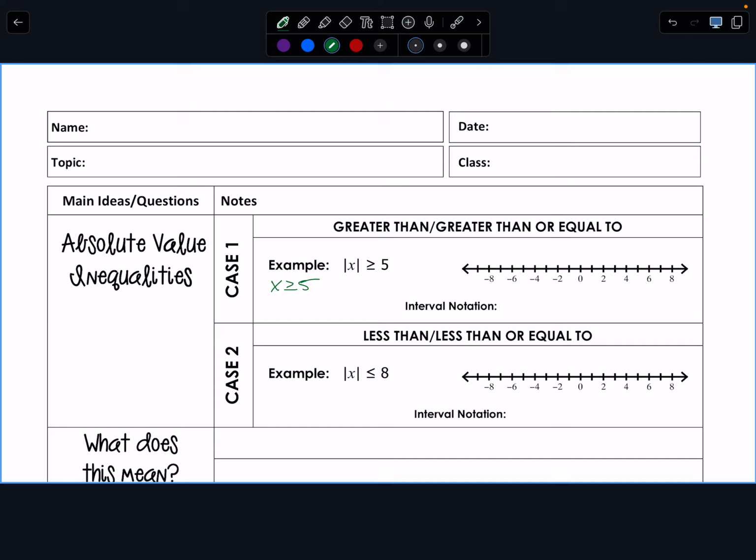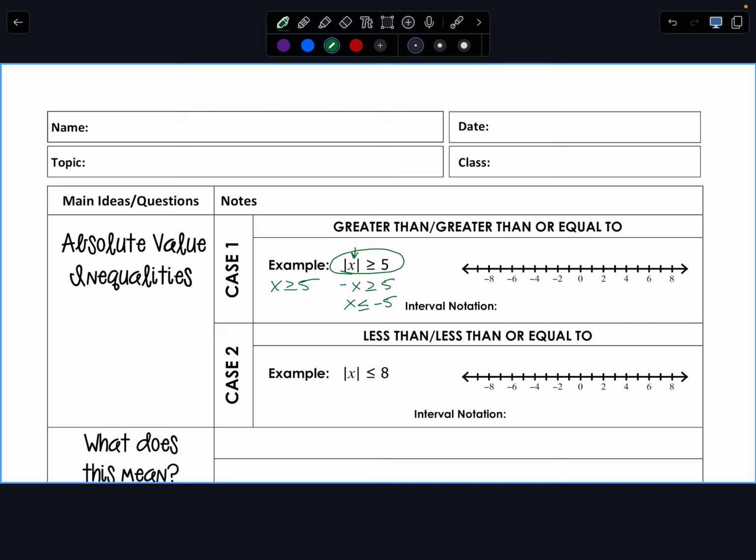Right? Or what happens if I plugged in a number that was less than negative 5 in for x? So if I had negative x is bigger than 5, then x is less than negative 5. What if I plugged in negative 6? Does this absolute value inequality still work? Yes. I plug in negative 6, it still works because the negative 6 turns into a positive 6, and then it's still bigger than 5.